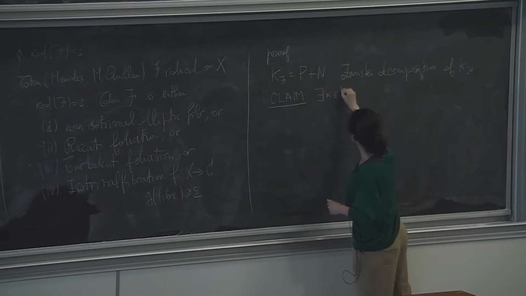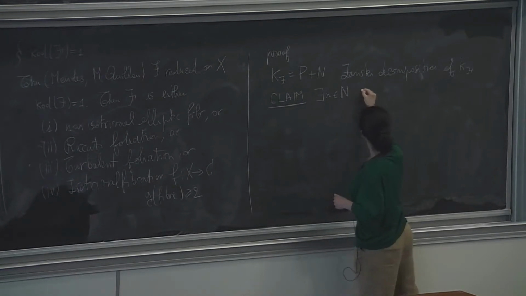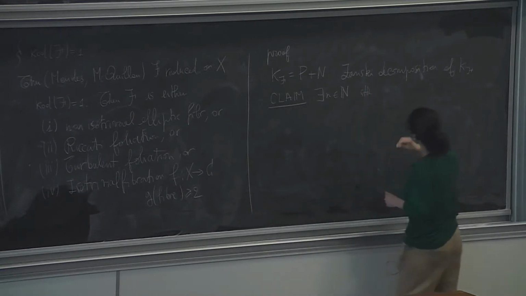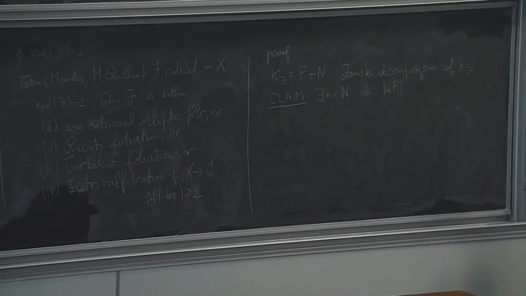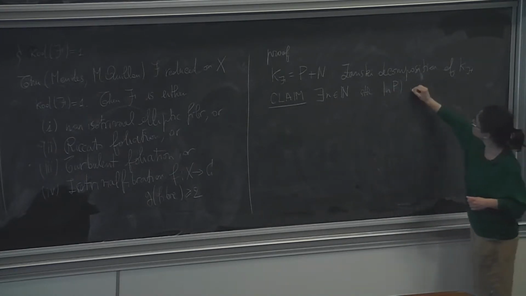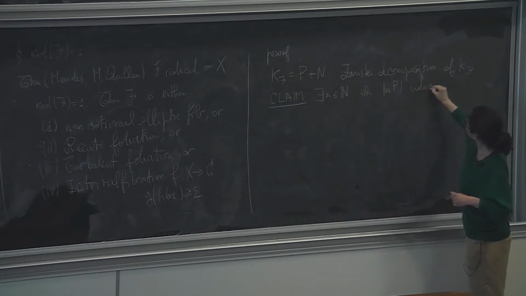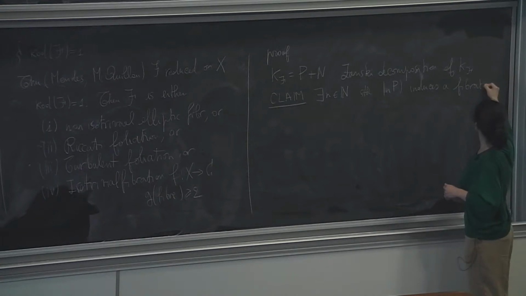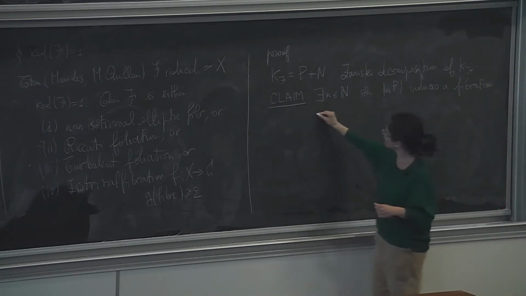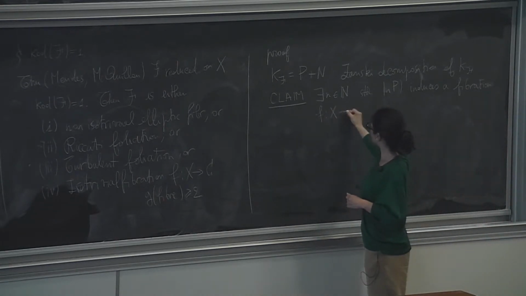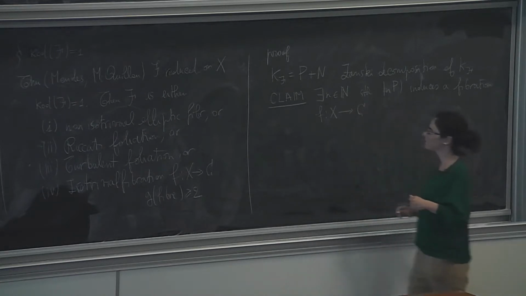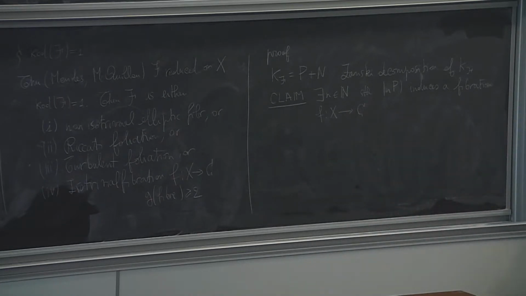There is a natural number n such that the linear system of multiples of P induces a fibration f from X to C. This claim has nothing to do with foliations.